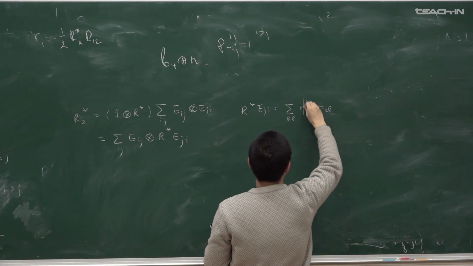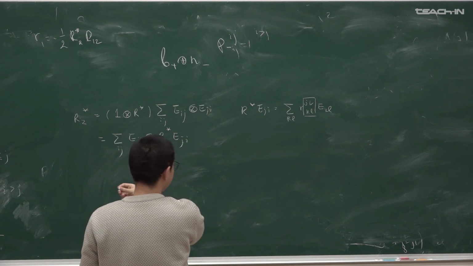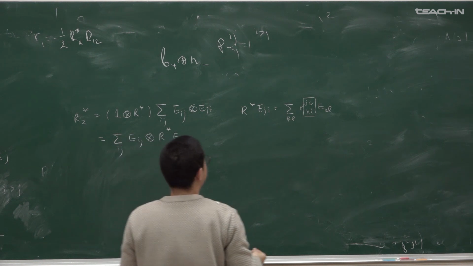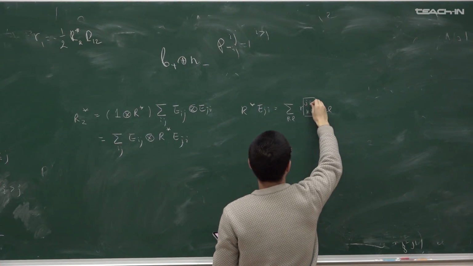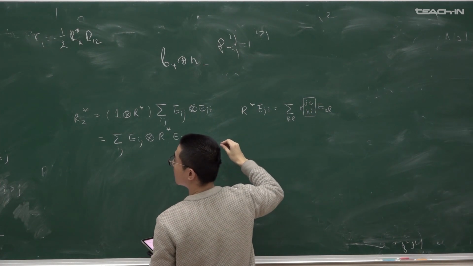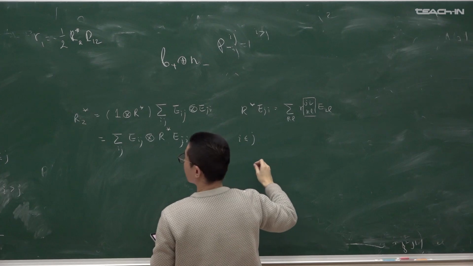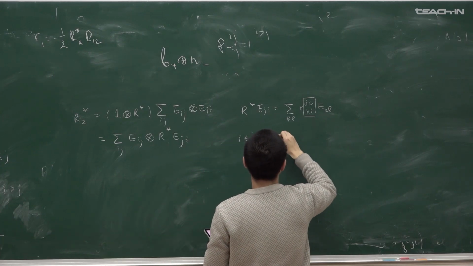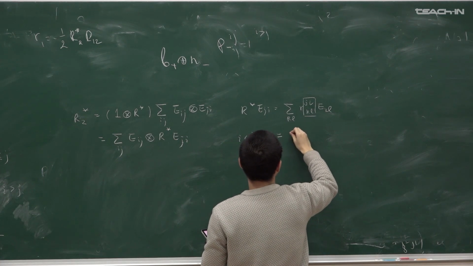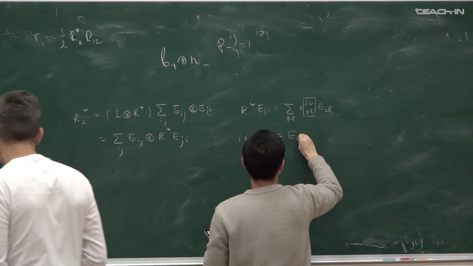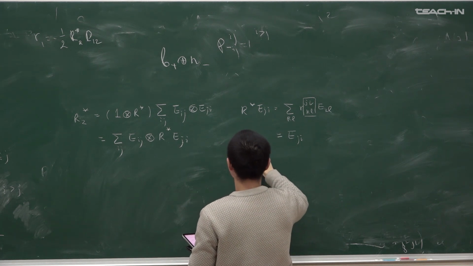So R, J, I, K, L, we apply different conditions. So fix j equals k, i equals l, for i smaller than j. And this equals E_ji for i greater than j.